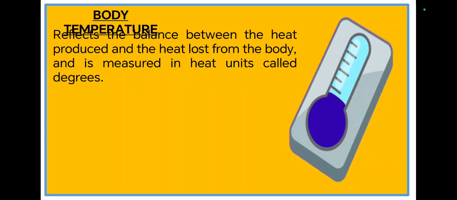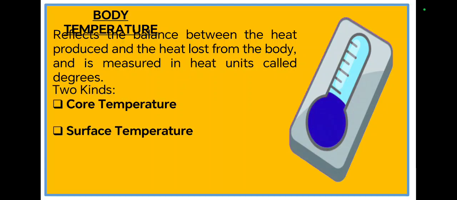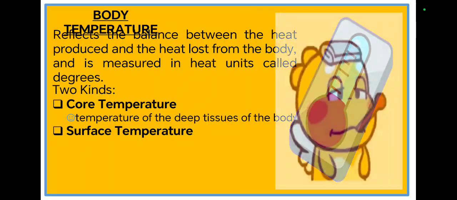Body temperature reflects the balance between the body heat and the heat lost from the body, and is measured in heat units called degrees. It can be Fahrenheit or Celsius. There are two kinds: core temperature and surface temperature.